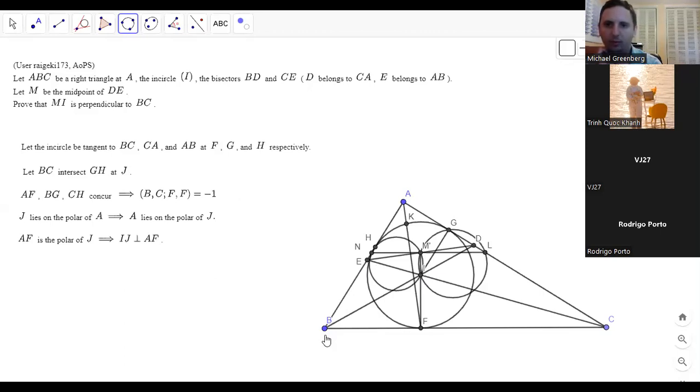Hold on just a moment. So EIB is 135. So EIB is 45. So it really should just be an angle chase.